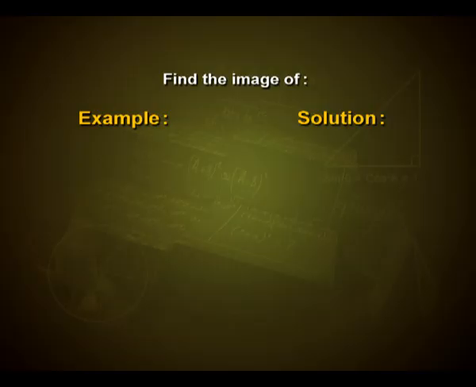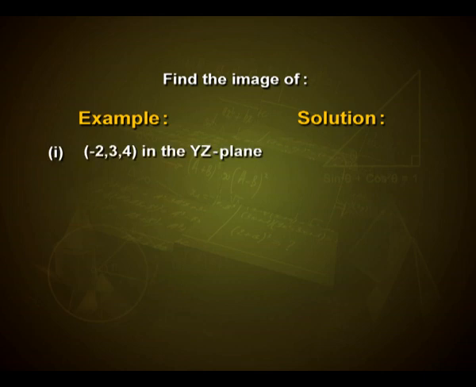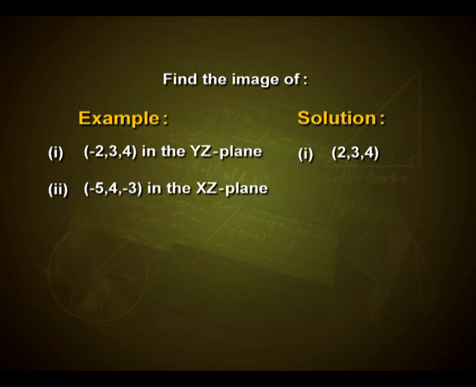Find the image of point -2, 3, 4 in the yz plane. Its image will be 2, 3, 4. Image of -5, 4, -3 in the xz plane will be -5, -4, -3.